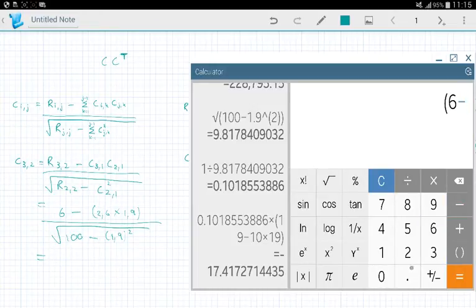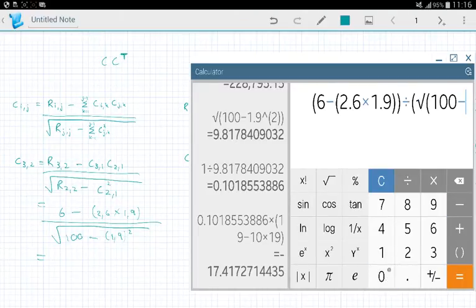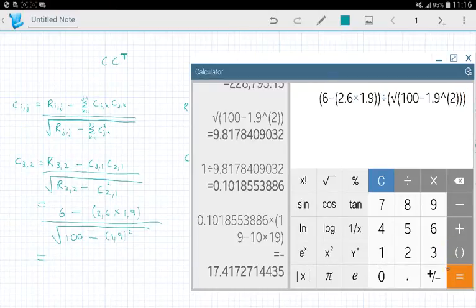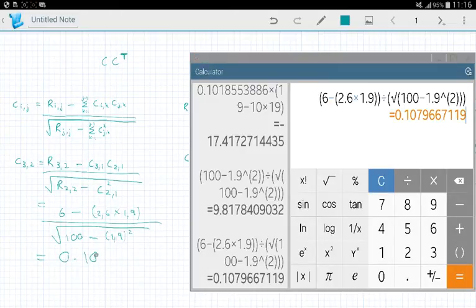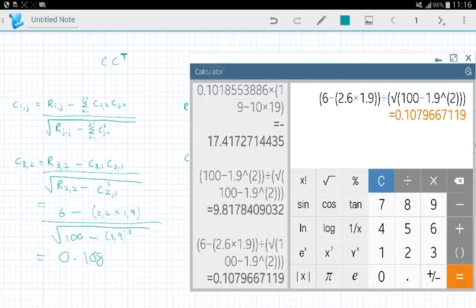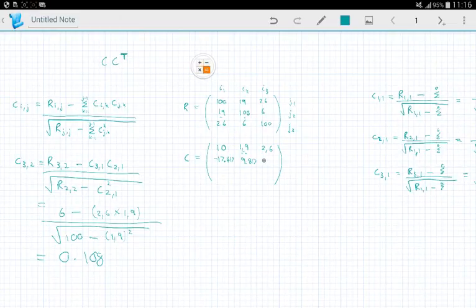Open brackets 6 minus brackets 2.6 times 1.9 close bracket divided by open bracket square root thing 100 minus 1.9 squared close bracket equals 0.10. Let's go with 8. Round it up there. 0.108.